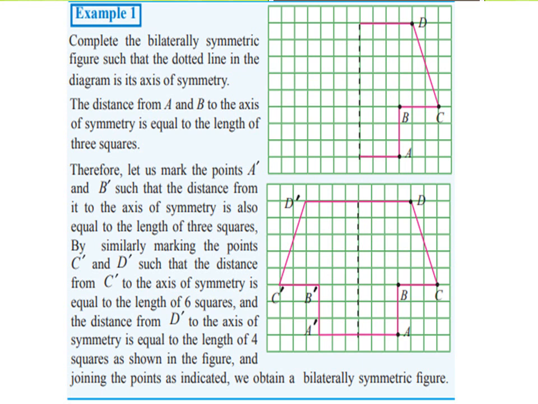Therefore, let us mark the points A and B such that the distance from it to the axis of symmetry is also equal to the length of 3 squares.